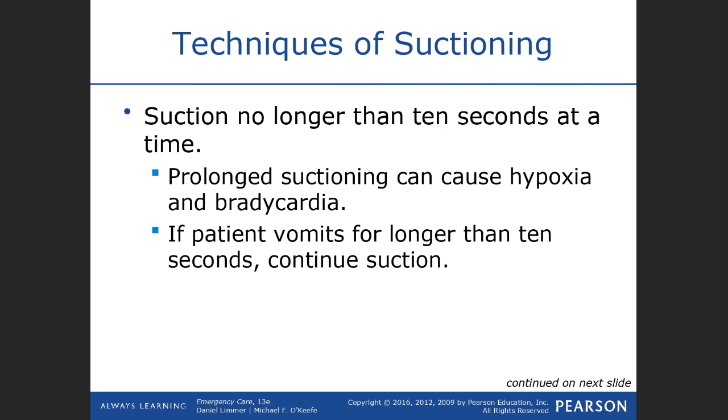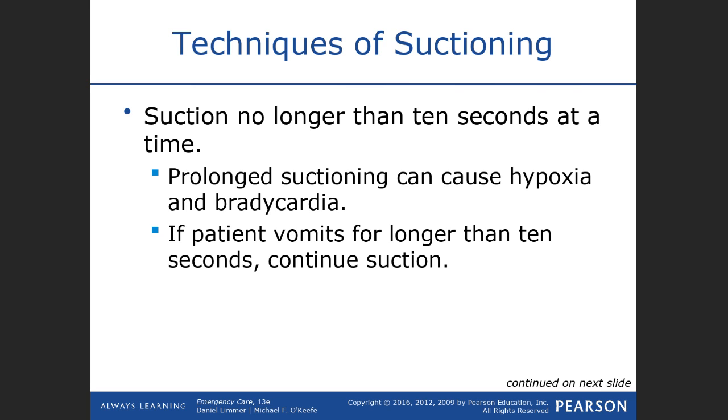But as a general rule, try not to exceed 10 seconds. Prolonged suctioning can cause hypoxia and bradycardia. That's a decrease in oxygenation, that's hypoxia, and a slowing down of the heart below 60 beats per minute would be bradycardia. If patients vomit for longer than 10 seconds, they may require continuous suctioning.